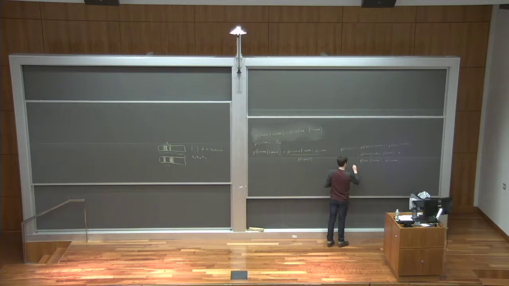This is equal to P(cancer) times the probability of smoking, which is 1 over 10. Then the other term is equal to 21 times this, so this is plus 21 P(cancer).